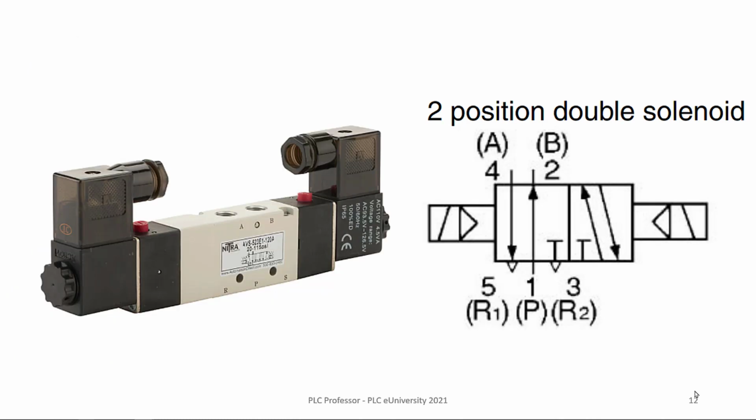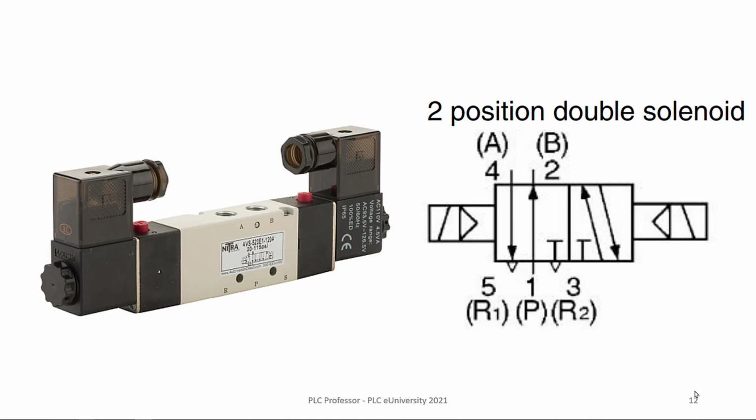Okay, now this is a two-position but double solenoid. Now I'm using the same photo in this and the next couple slides just to remind you what a double solenoid valve looks like. However, the symbology on the side of the valve will not match.